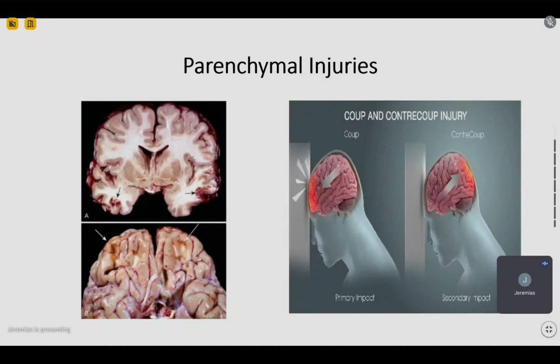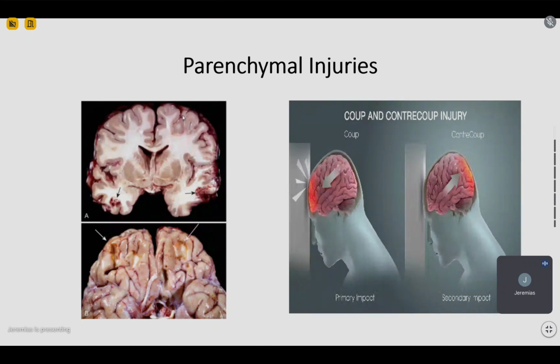But after the coup injury, the patient can have a second injury, the contre-coup, wherein the brain surface diametrically opposite to it can experience a secondary impact that might lead to a contre-coup injury.